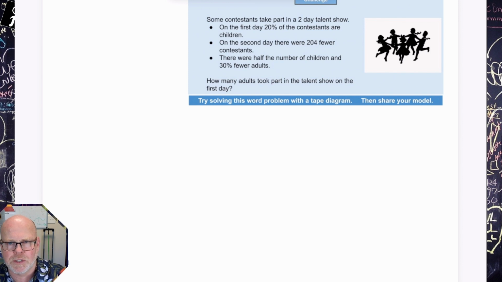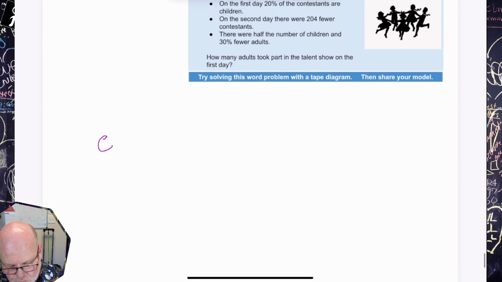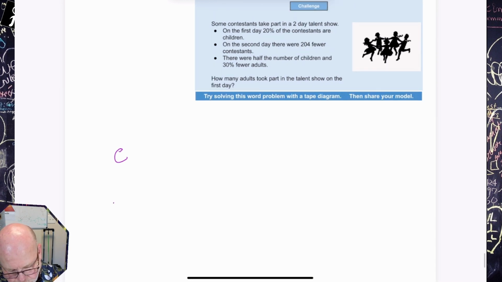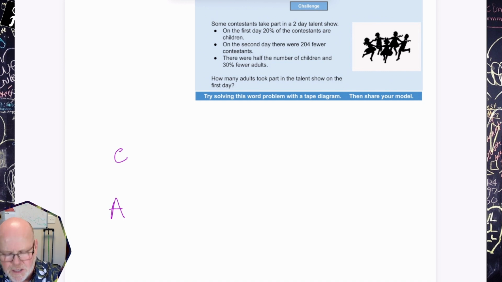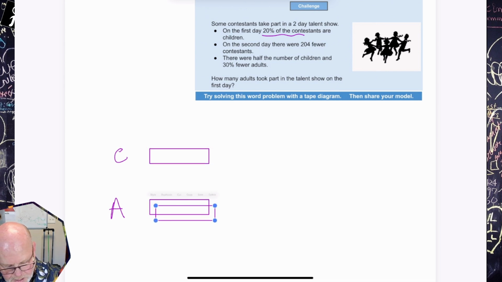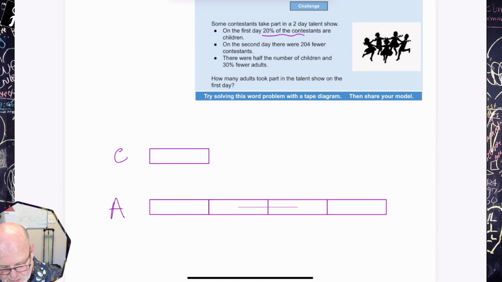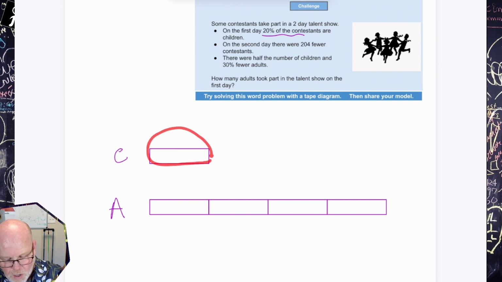So the characters in our story are children and adults. It says on the first day, 20% of the contestants are children. Okay, so that means 1 unit for the children and then 4 units for the adults, because that makes the children 1 out of 5.